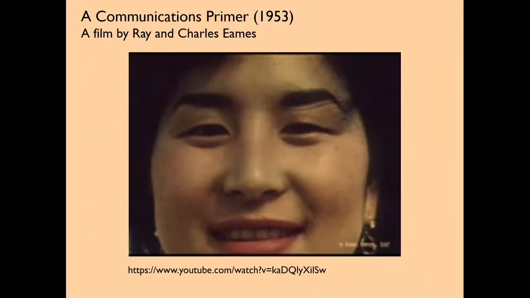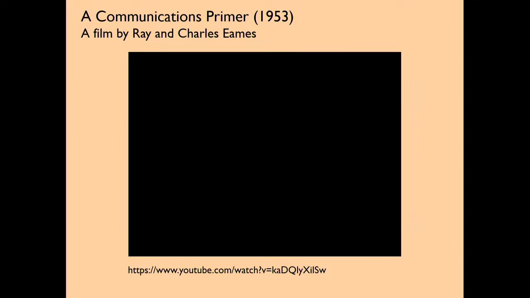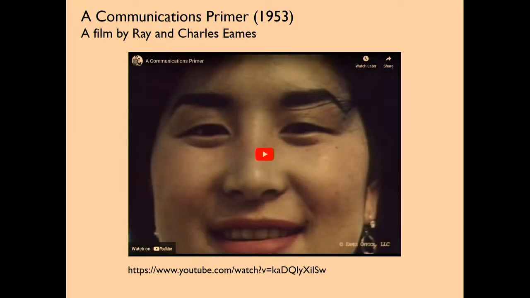Now, for those of you who are more interested in digging deeper, I would strongly endorse that you see this wonderful movie. As you can see, it's really old. It was made in 1953, by the famous designer duo Ray and Charles Eames, who are also famous for this Powers of 10 movie, a design classic. This is available on YouTube.